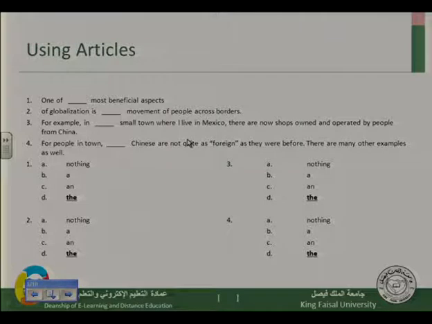So let's say using articles, and what we mean by using articles in English is the, a or an, and zero. A zero meaning no article, nothing. We don't use anything. So look at the first sentence. One of, and then a blank space, one of, blank space, most beneficial aspects.